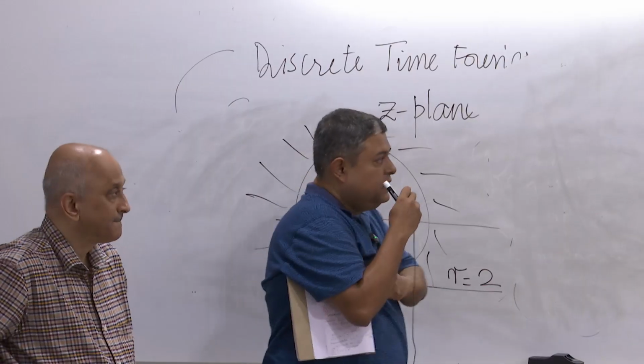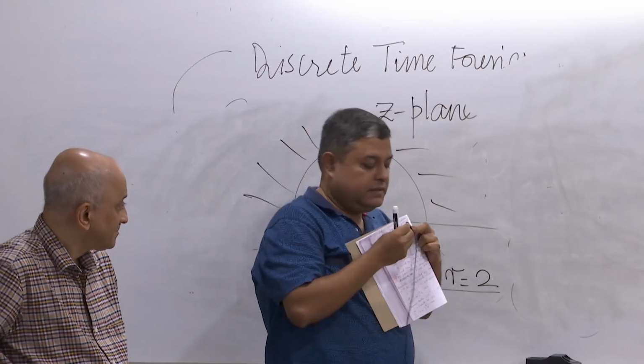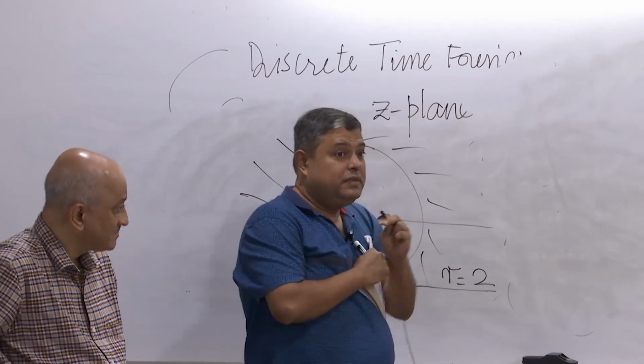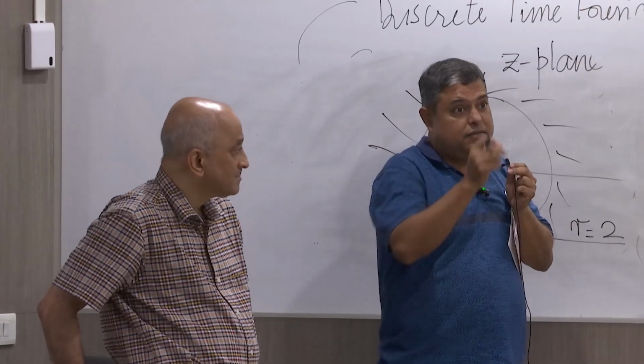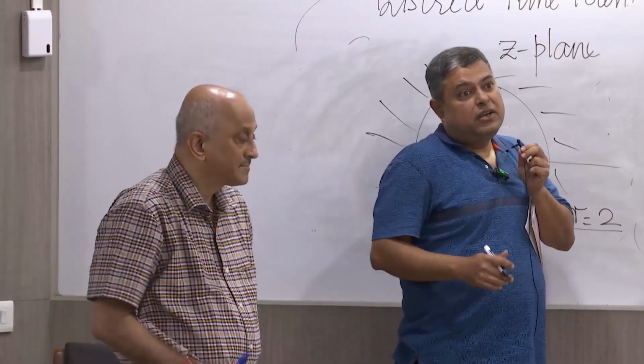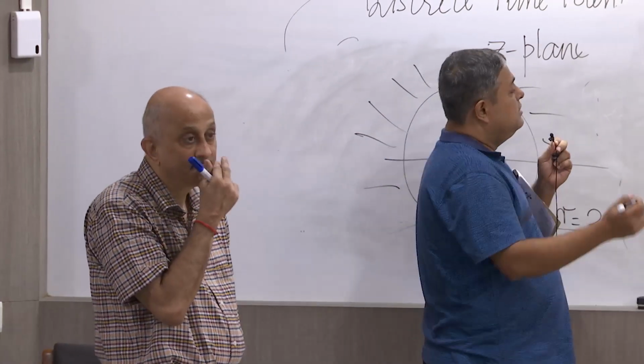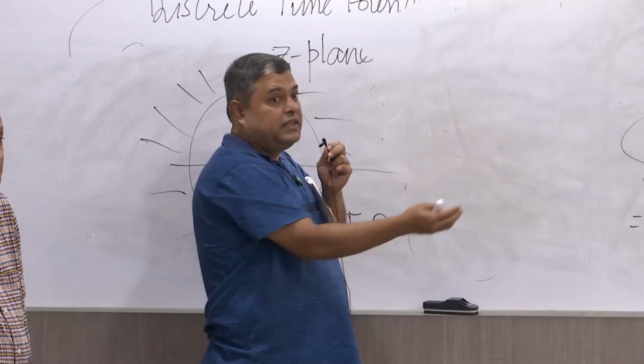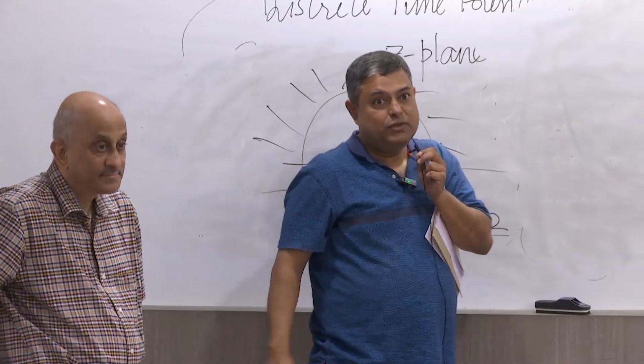Yes. As we found in case of the Laplace transform, for the same function in the S domain, we are having two different inverses. One was happening for S greater than 4 and another for S less than 4.